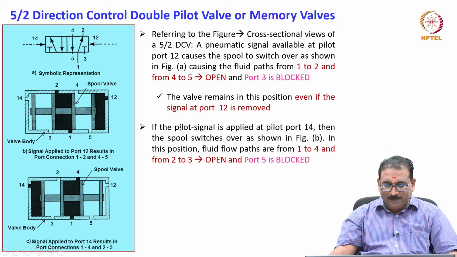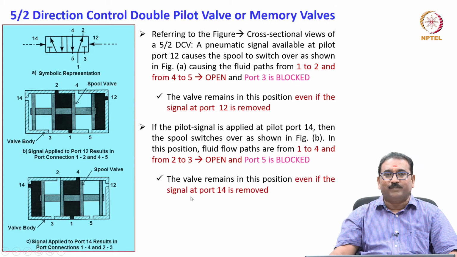Now let us see, if the pilot signal is applied at pilot port 14, then the spool will switch over like this. In this position, 1 is connected to 4 and 2 is connected to 3. Now 5 is blocked.